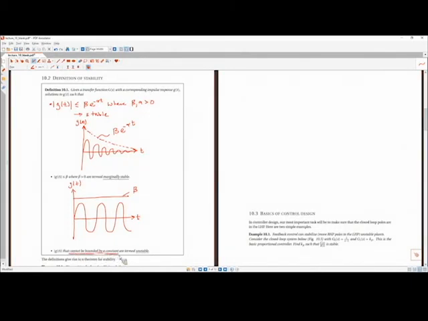Yes? Why does beta have to be greater than 0 for it to be stable? This is looking at, if we want the absolute value of the response to be less than something. We could have done the converse of that, negative absolute value greater than a negative beta, but working all in positive numbers makes it easier to look at. Yes.